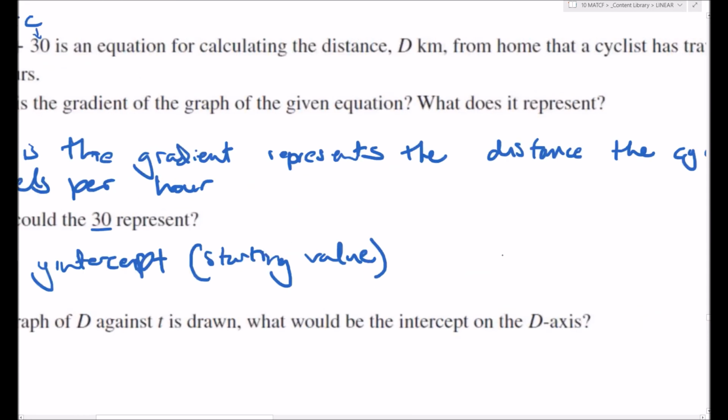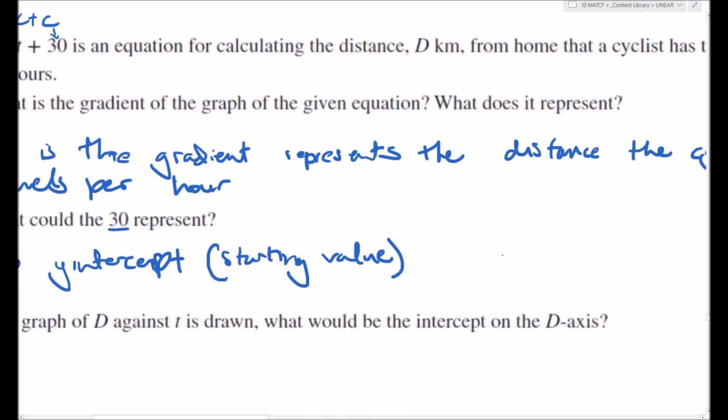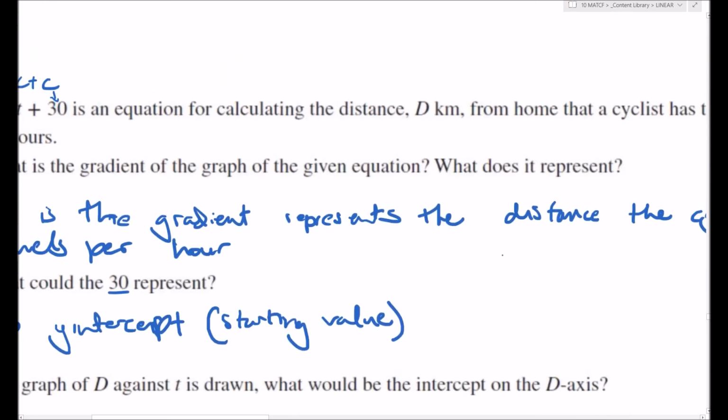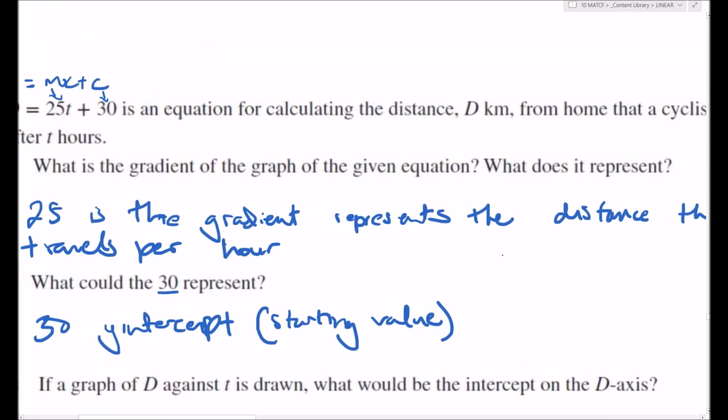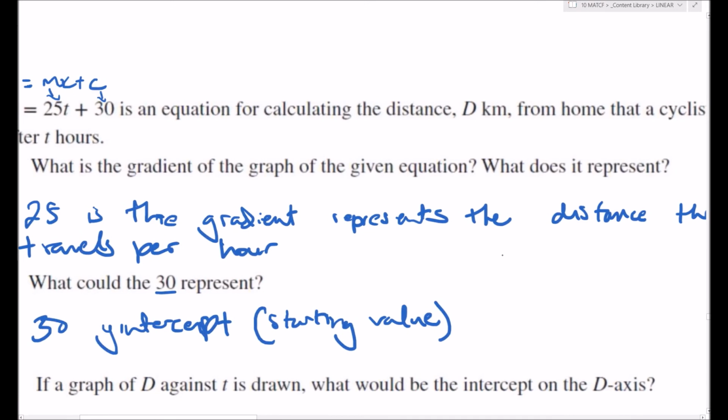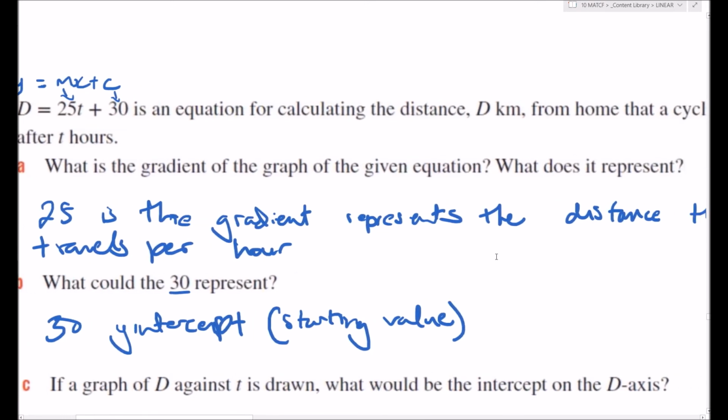Okay, and in this context, it might actually represent the distance that this person has already traveled before they started recording how far they actually already traveled.